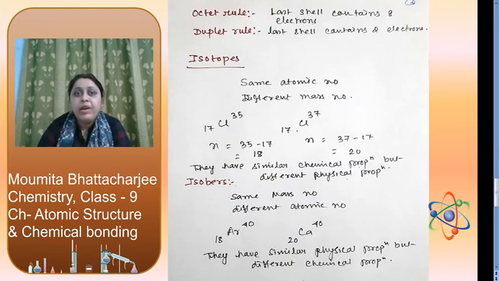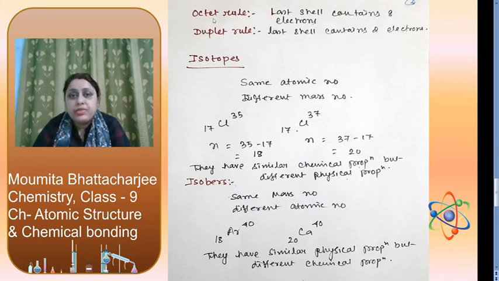Why? Because for this we have two rules, the octet rule and the duplet rule. If the last cell contains 8 electrons or if the last cell contains 2 electrons, that will be its most stable configuration. To attain this stability, we have put the electrons in the next cell.